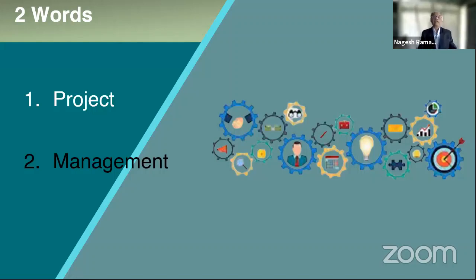You cannot manage a project. Management of a project is kind of impossible. But you have management in every sphere now. You have financial management, health management, wellness management, body management, fitness management. You name it, you have management everywhere.